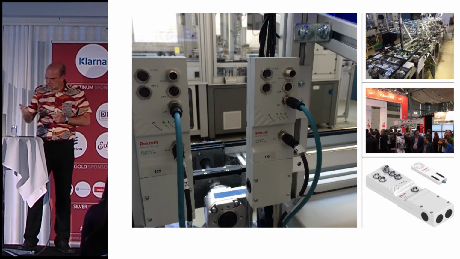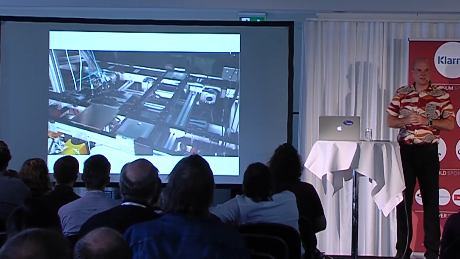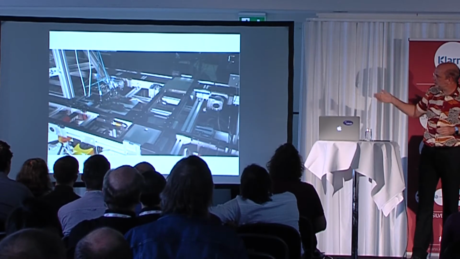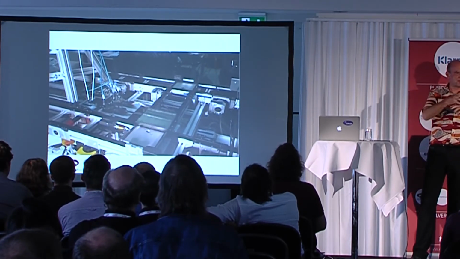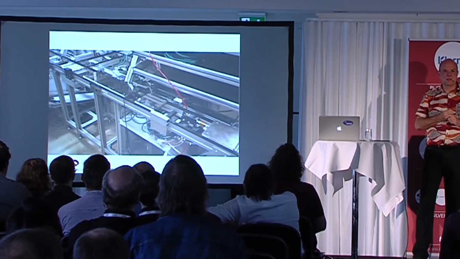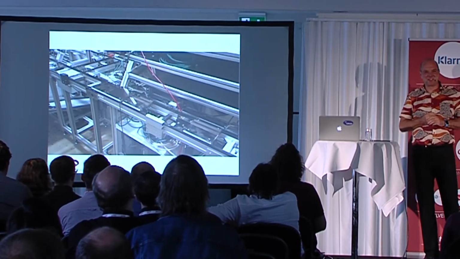And for this, well, I have a video, so at least something is moving. The rest of the talk is more dry. So that's what we're actually controlling there. There are 15 Erlang nodes controlling an 8 meter stretch of manufacturing transport system. So this is all run by Erlang, everything distributed.